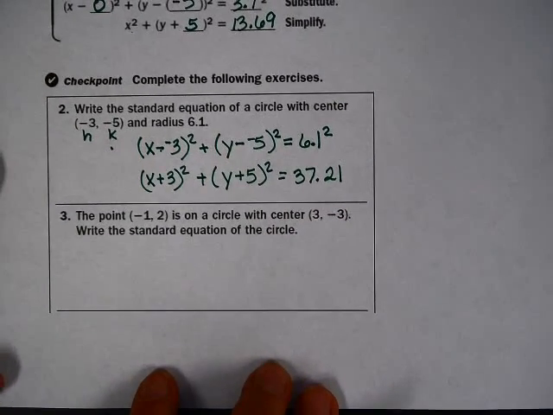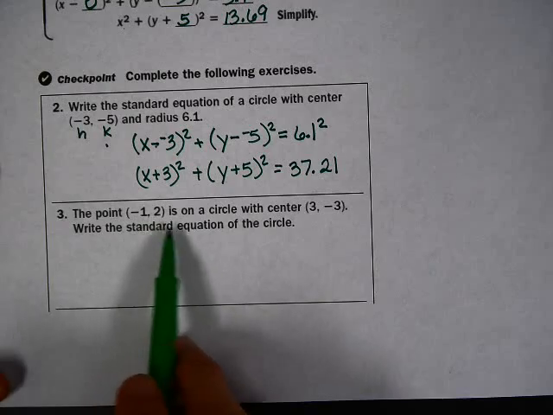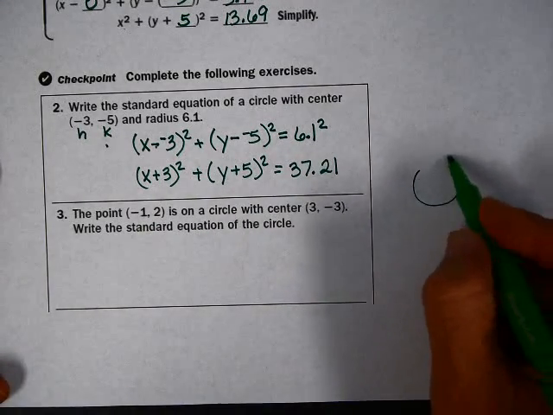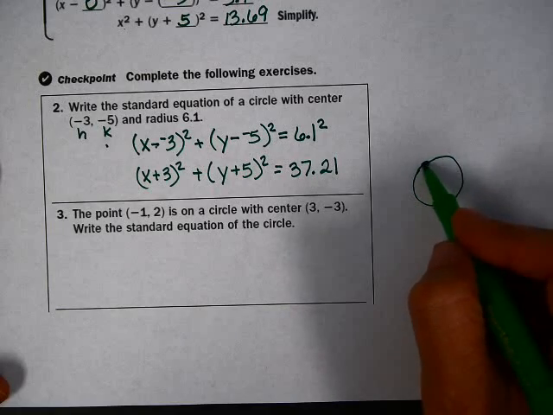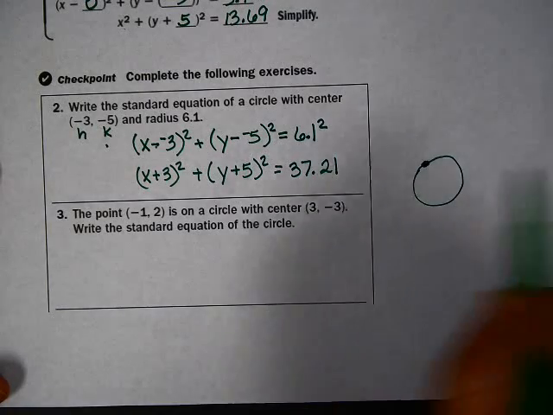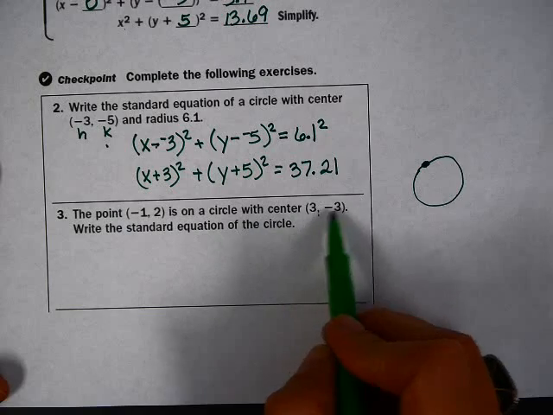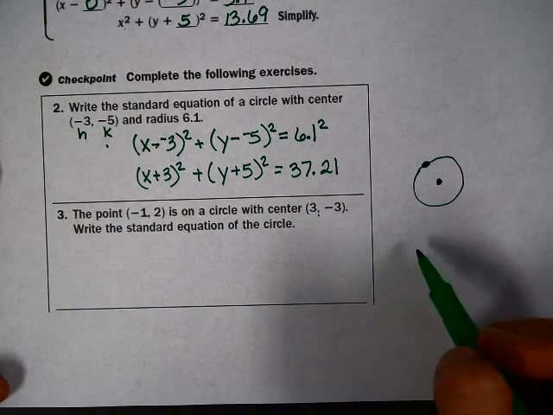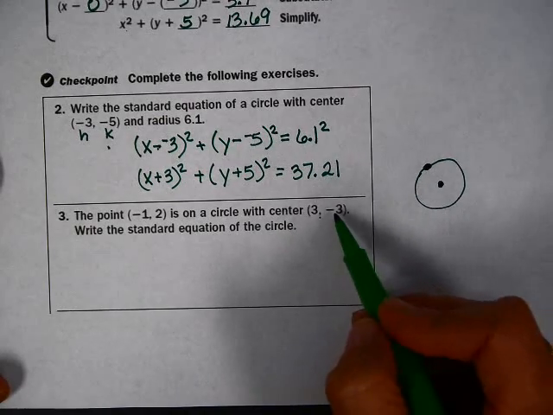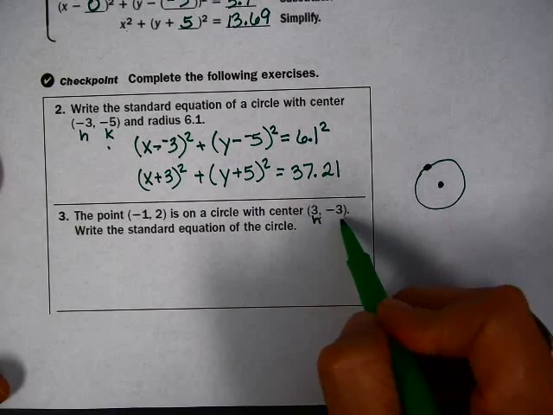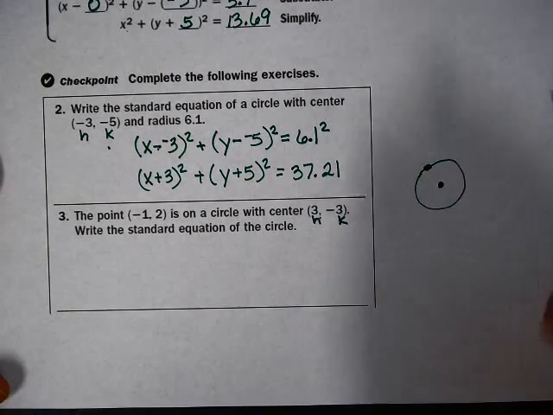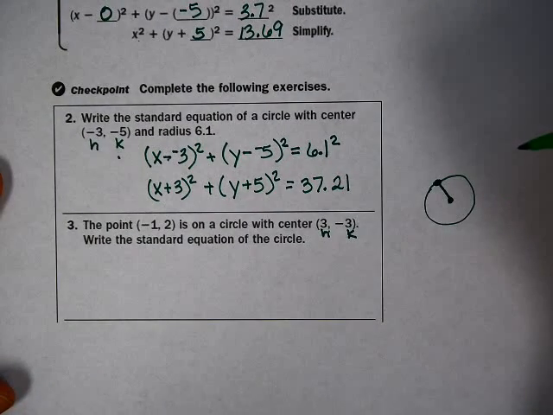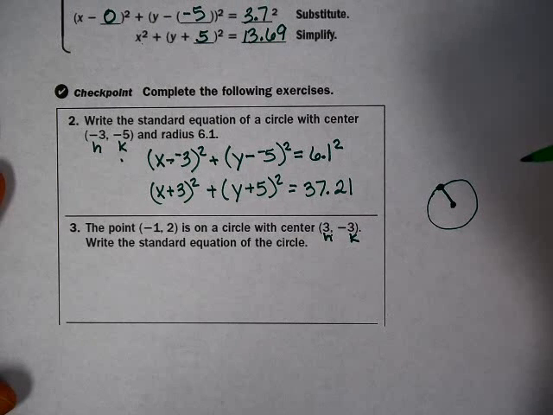Now, number 3, we're given a point on a circle, so that means it's somewhere on its perimeter. So if you were to draw a circle, (-1, 2) would be somewhere on that circle. And then its center is (3, -3). Write the standard equation of a circle. Well, we know we need the center. This is h and this is k, but we also need the radius. If we were to find the distance between the center and the point, that would be the length of our radius.